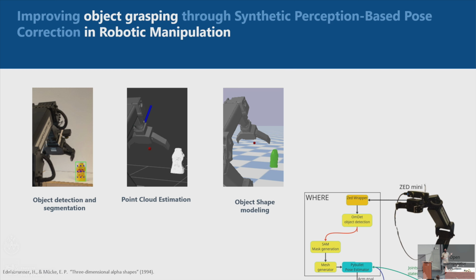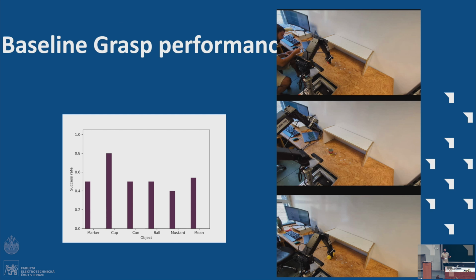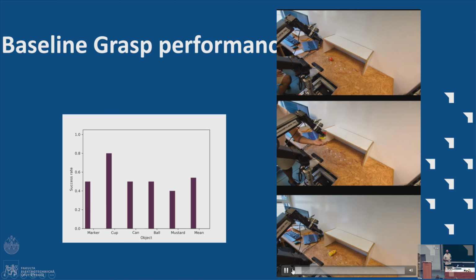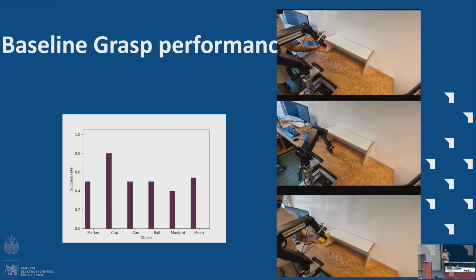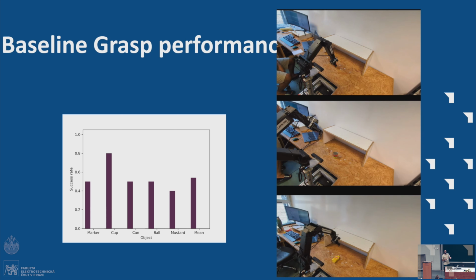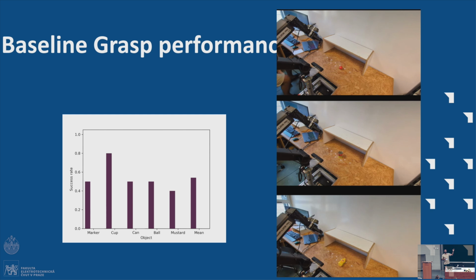We first use this baseline implementation where we only go for the middle of the object. This was a video, but as you know, we have some trouble here. You can't see it, but the performance of this pipeline is not perfect, of course, but it's quite good in the sense that it's grasping almost 50% of the objects. Oh, so we do have the video. Sorry, it was autoplay on my computer. So you can see from the numbers, it's not that good.